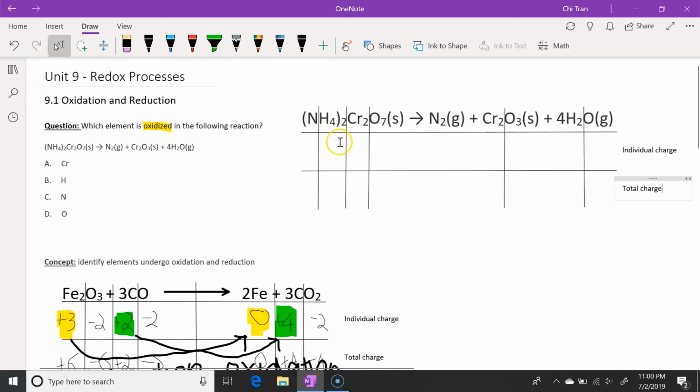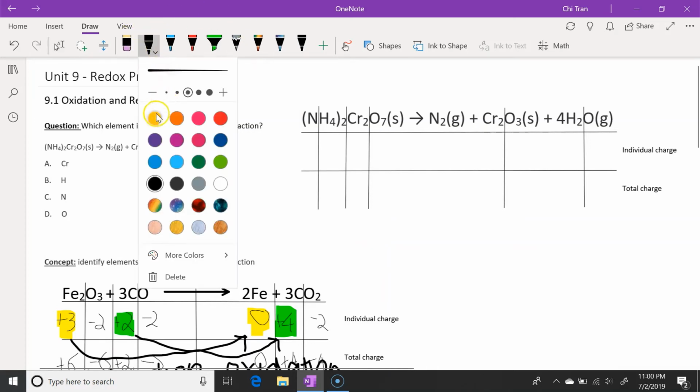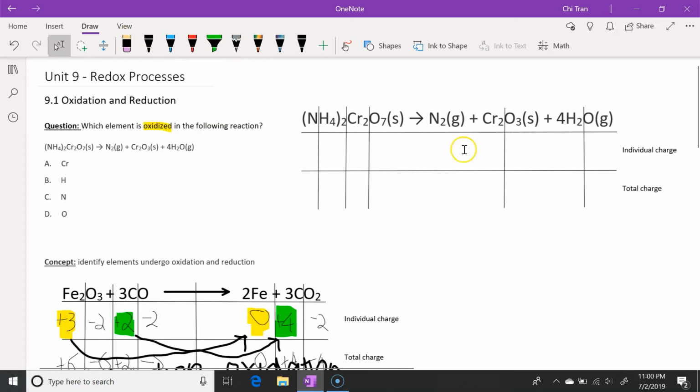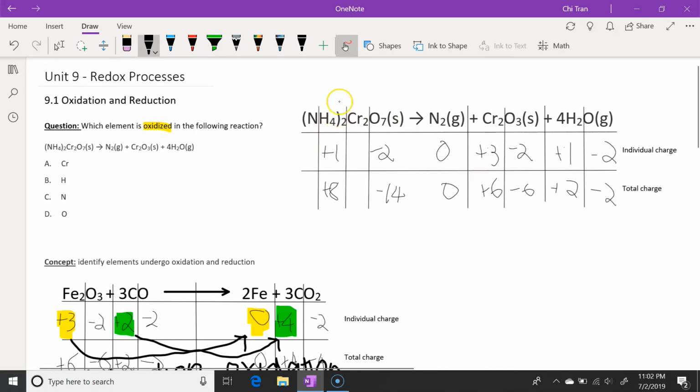Going back to our question, we can draw out the same table for this equation as we did for the example. We can fill out our table like we did with the example, but for this question, we need to remember our polyatomic ions, so NH4, which has the charge of +1.